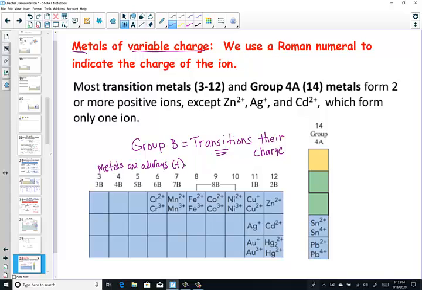So, metals of variable charge, those are the transition metals, transitioning their electrons between energy levels. Remember, these are D sublevels, so they have an opportunity to lose more than one type of electron depending upon what it's bonding to and how many the negative ion would like to receive. So this variable charge, how do we tell a reader what positive charge is on?